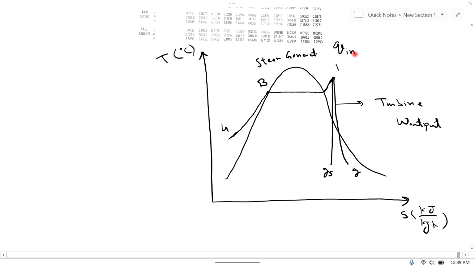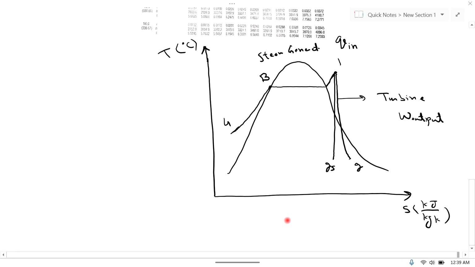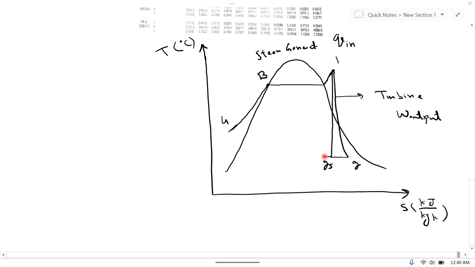And from 2 to 3, this is the condenser. This is point 3. In the condenser, heat is rejected.